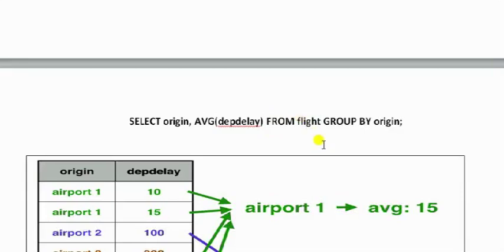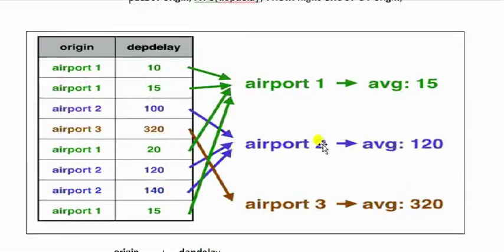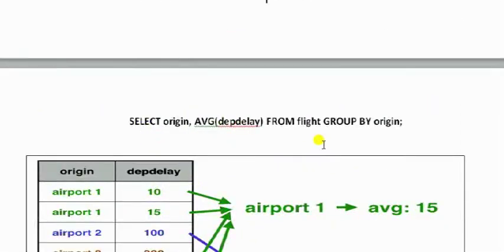This is a special command that will explain something which creates some doubts among the students. So the command is select origin, a field, average of DEP delay, departure delay, which is also a field, from flight, the table name, group by origin.